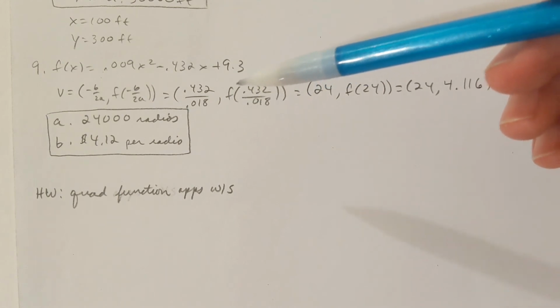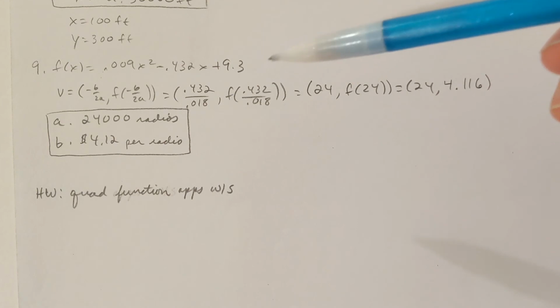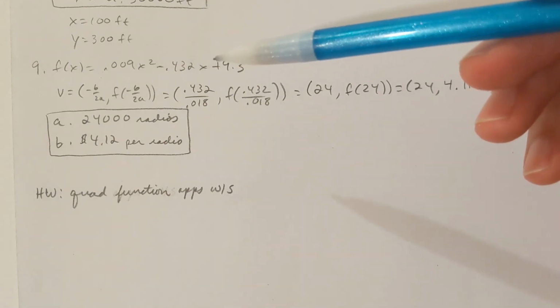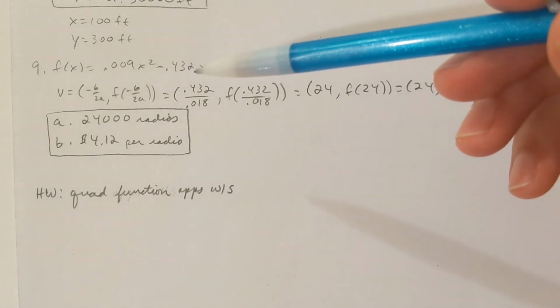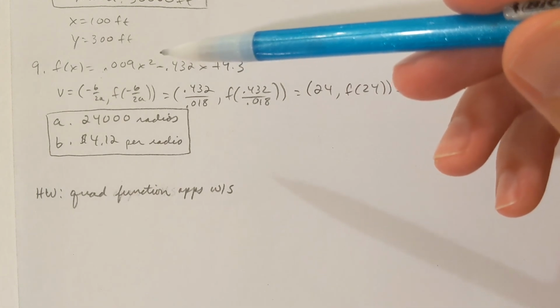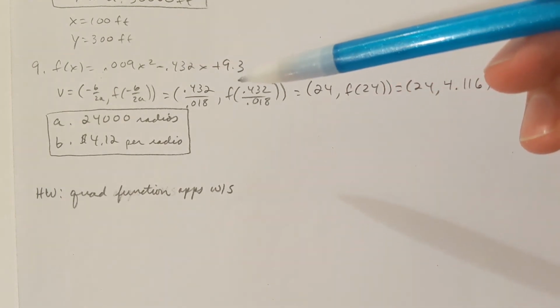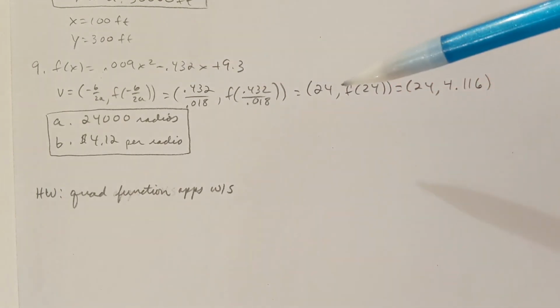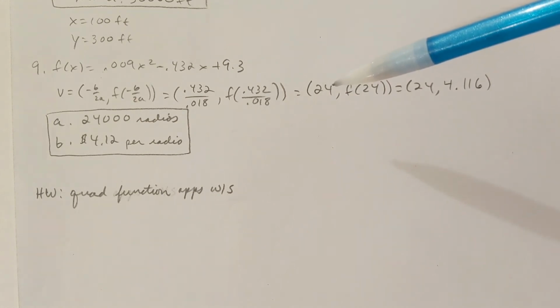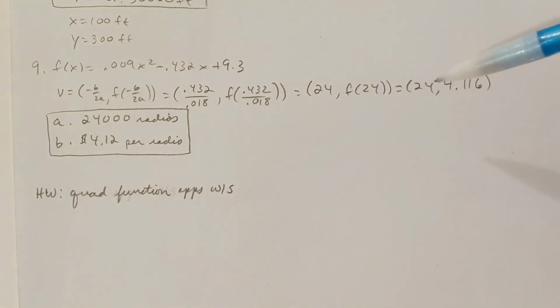So the vertex, negative b over 2a, and then f of negative b over 2a. Negative b is 0.432. 2a is 0.018. 0.432 divided by 0.018 is 24, and then I want f of 24.